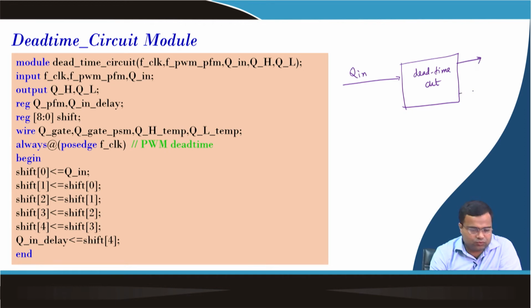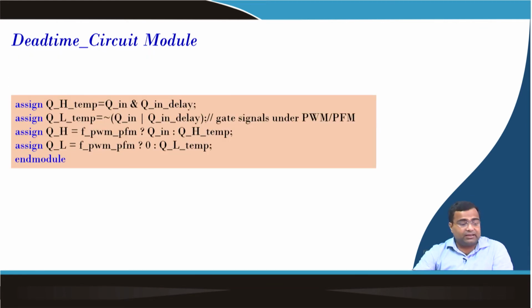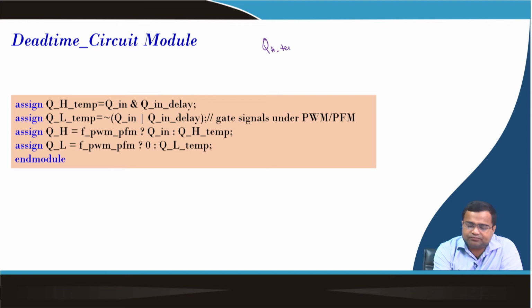it generates two signals, QH and QL, these are local variables. And finally, what is the actual signal going into this? You see QH temp, this is the output of the dead time circuit.